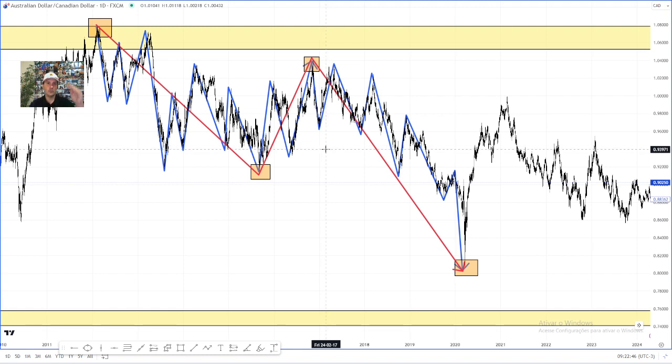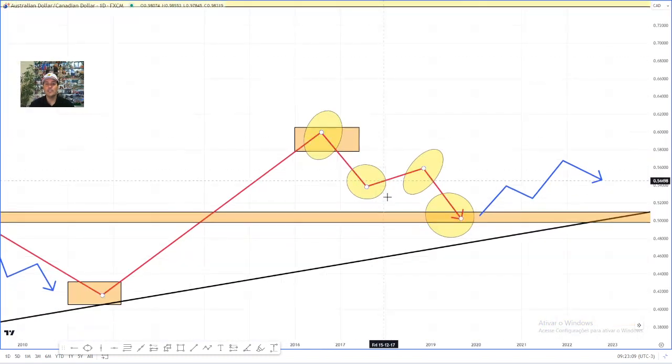But when we talk about daily, 4-hour, 2-hour, 1 hour, 15 minutes, every single time frame has its own trends, has its own relevant highs and lows. So pay attention not to mix apples with bananas, because you might be entering again, this is why this is happening, right?